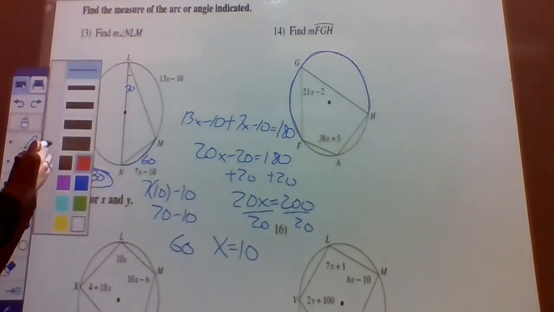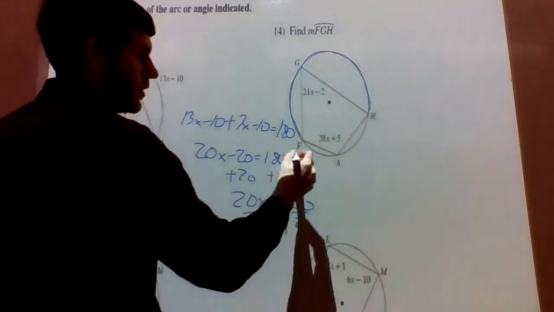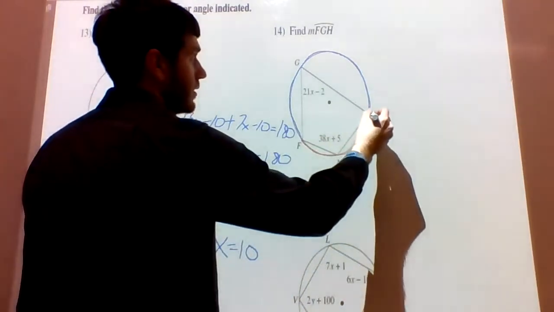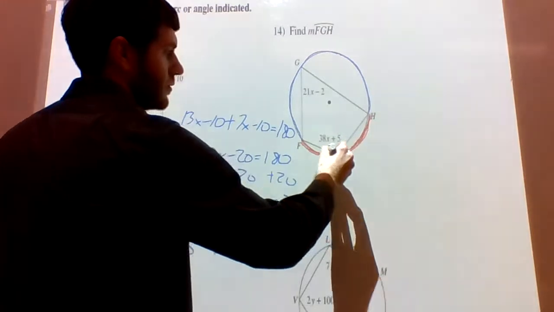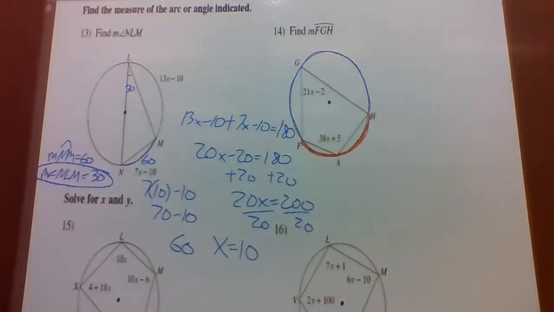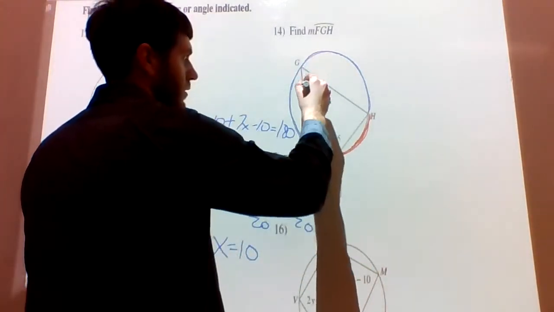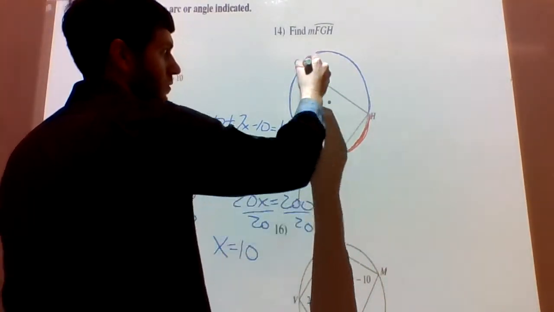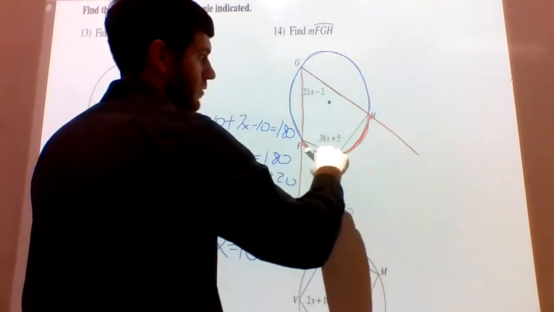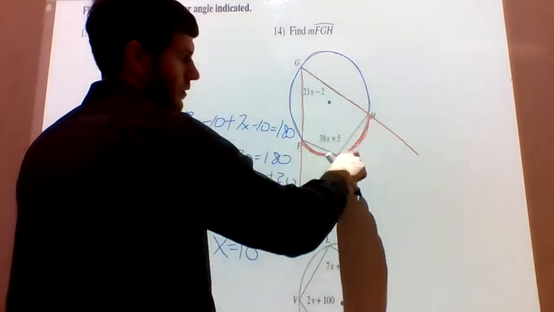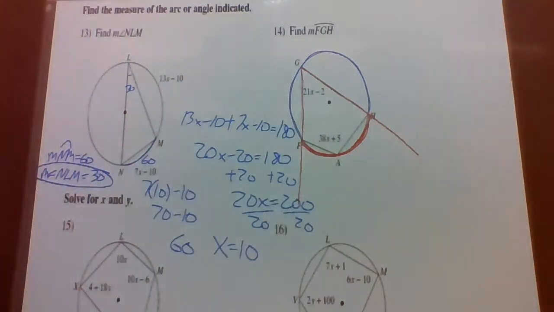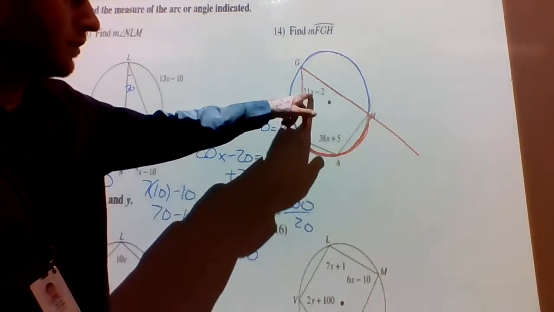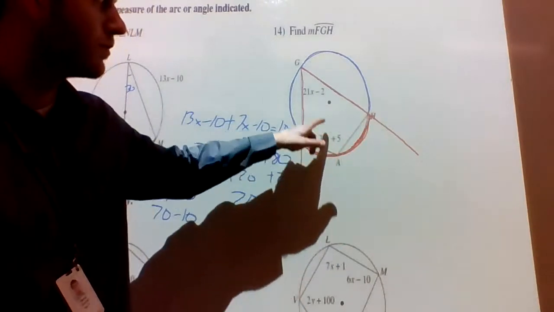And then we also have FAH. If we look at angle G, here's our intercepting arc for angle G. We know the measure of this is going to be twice the inscribed angle. Here's our intercepting arc for this angle.